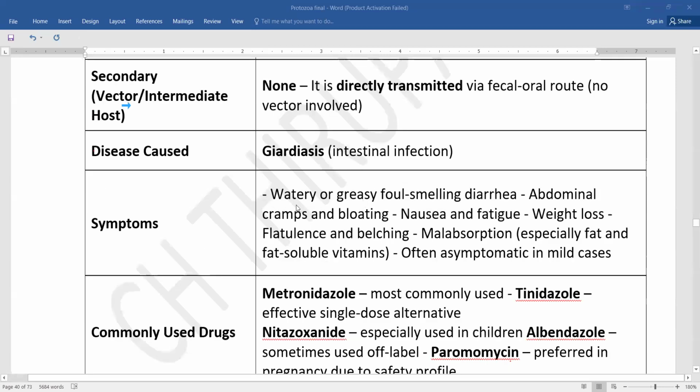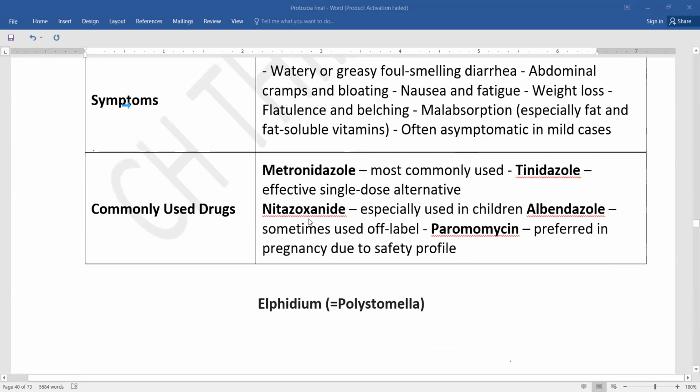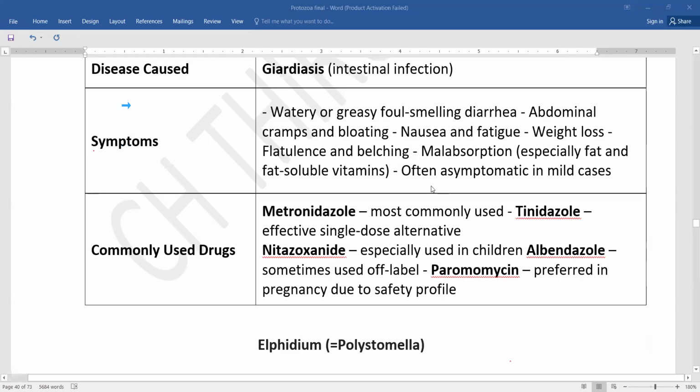So these are the symptoms: watery, greasy, foul-smelling diarrhea, abdominal cramps and bloating, nausea, fatigue, weight loss, flatulence, belching, malabsorption. All these are the symptoms, and these are the drugs: metronidazole, tinidazole, nitazoxanide, albendazole, and paromomycin. All these are the commonly used drugs to treat giardiasis.